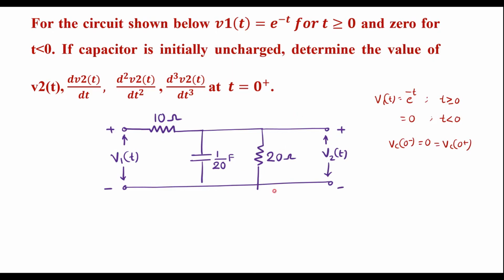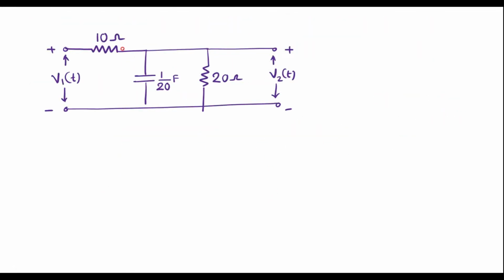Now let me consider the circuit. Let me assume that the current through this branch is I1, the current through this branch is I2, and the current through this branch is I3. The voltage at this entire node is V2 of t itself. As I said, Vc of 0 minus is equal to 0, which is also equal to Vc of 0 plus.